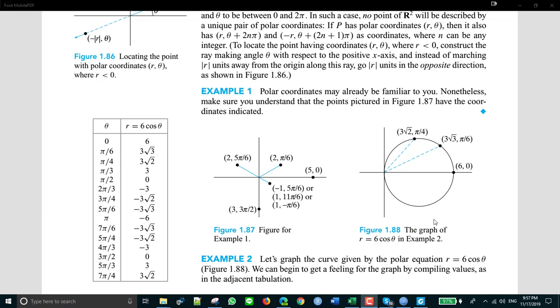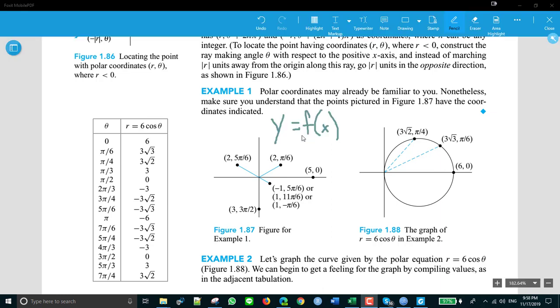So now we have these variables. Instead of x and y, we have r and theta. So just like normally we would write something like y is some function of x, now we could try r is some function of theta, because these are the new variables involved.